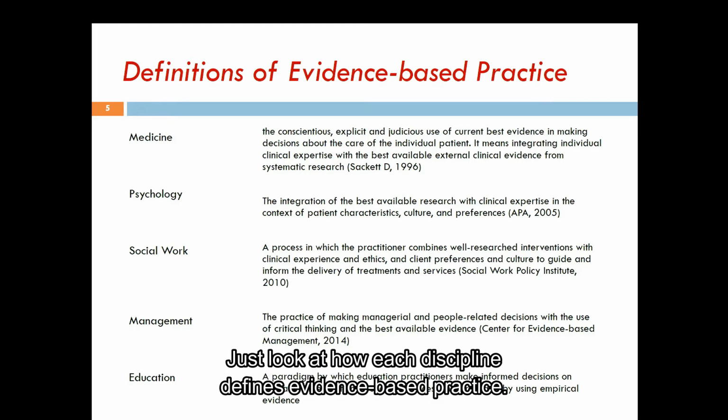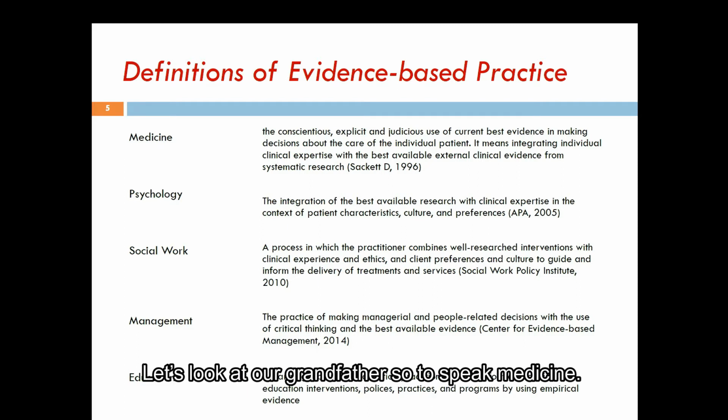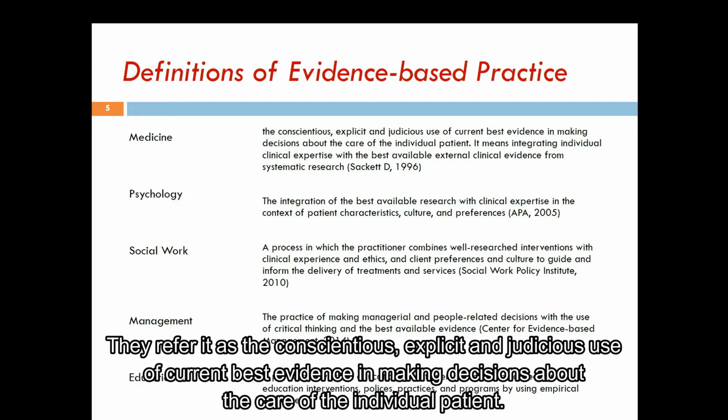Just for the sake of interest, let's look at how each discipline defines evidence-based practice. Let's look at our grandfather, so to speak, medicine. They refer to it as the conscious, explicit, and judicious use of current best evidence in making decisions about the care of the individual patient.